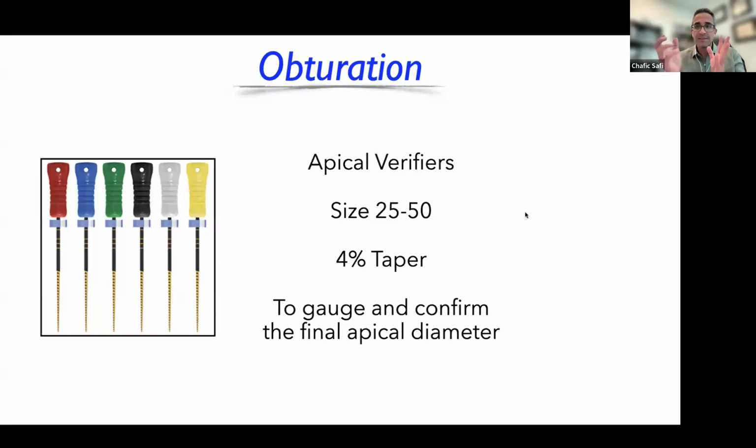To avoid the guesswork while choosing your gutta-percha cone, you could use apical verifiers, which are non-cutting NiTi hand files that you put inside your canal, hook to your working length, and you see which one is adapted the most to the shape of your root canal system, and then use that size to choose your adapted main gutta-percha cone. It's a step that might be needed at the beginning, but the more you become familiar with the XP 3D Shaper Plus, you'll be phasing out that step very, very fast.